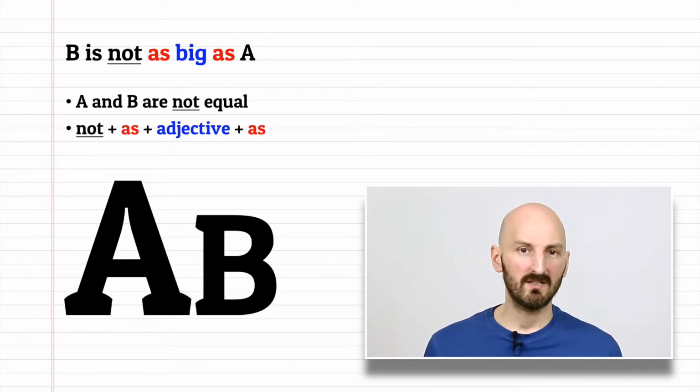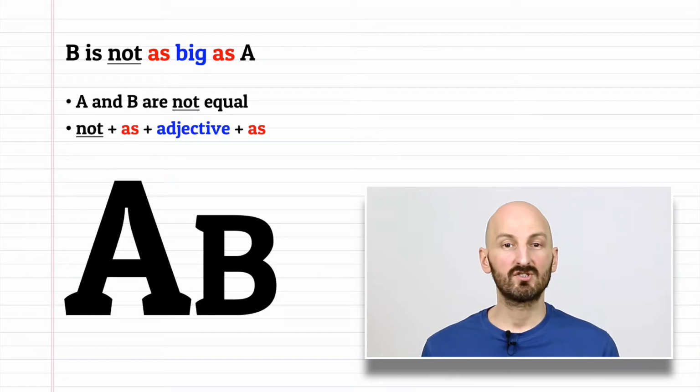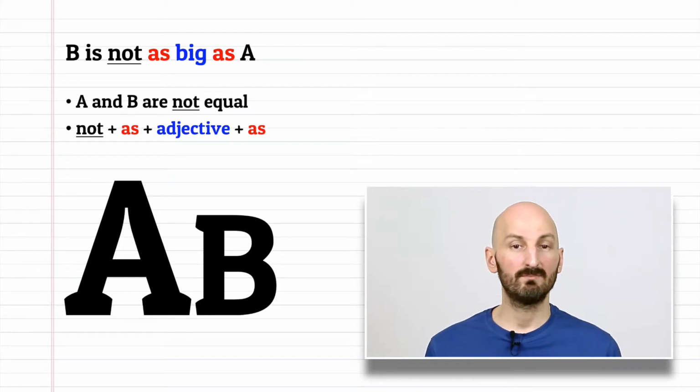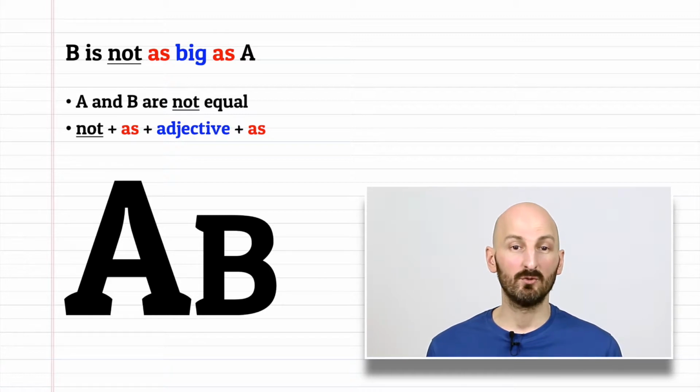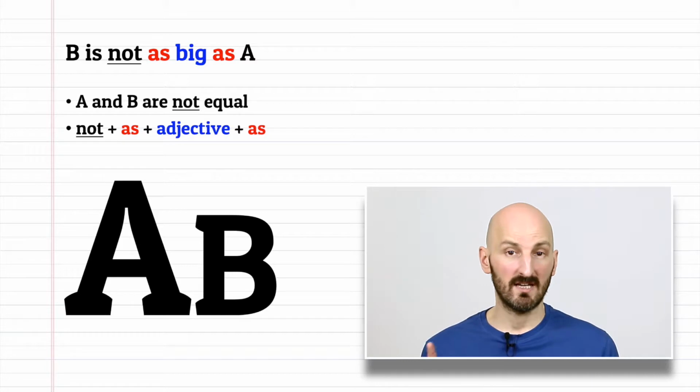B is not as big as A. This simple sentence shows the negative equal comparison between A and B. This means they are not equal and there's a difference. Please note, in almost all situations, this negative form is used instead of the less plus adjective for one-syllable adjectives. We'll see more on that next.